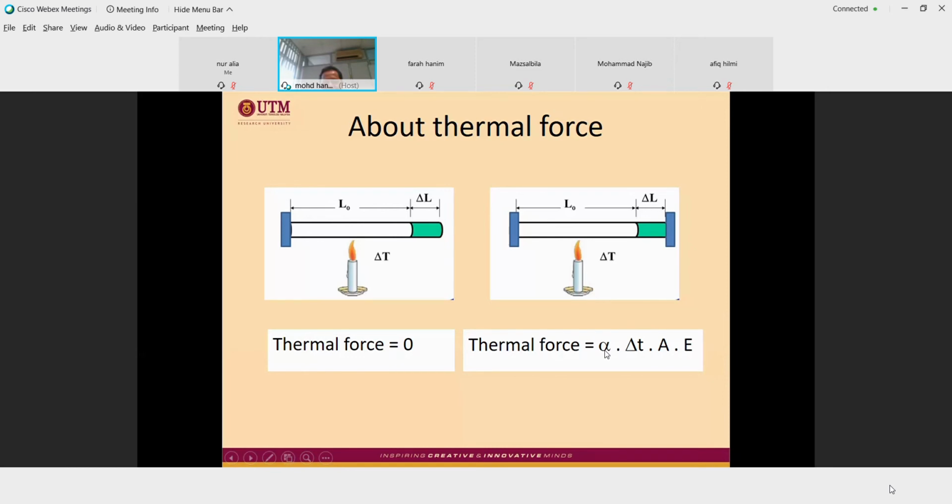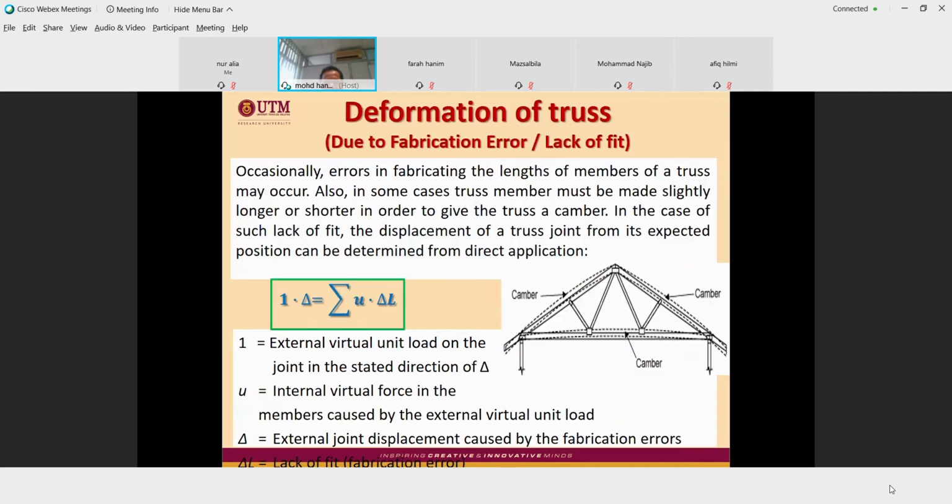Thermal force equal to alpha delta T, the temperature increase, A E. So that means when we are working with thermal force, we need to know A and E. When there is no thermal force, in some cases we don't have to know A and E. Okay. That is thermal force.